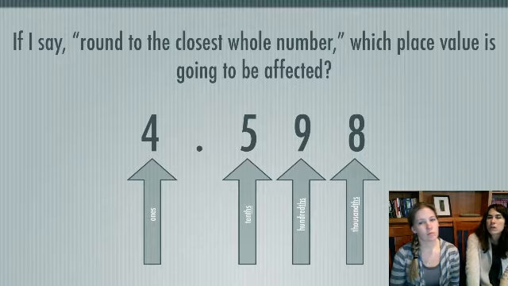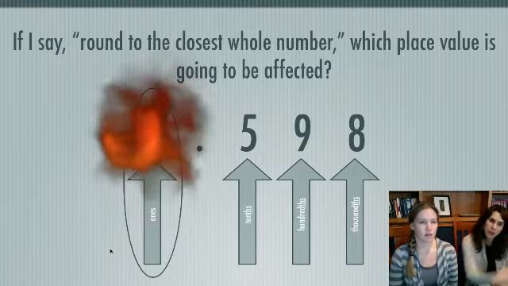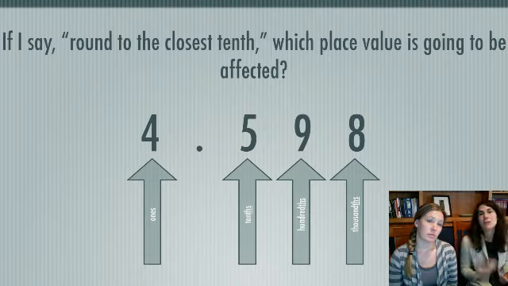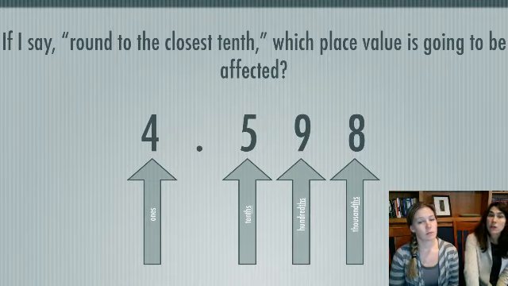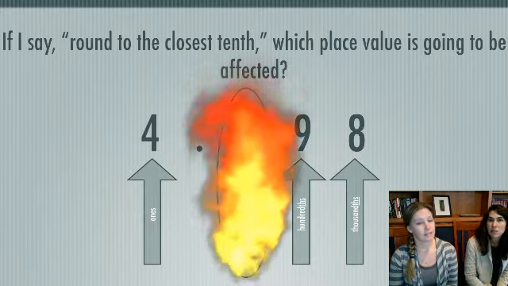And of course, hopefully you're thinking the ones, anything before the decimal. And if I say we need to round to the closest tenth, which place value is going to be affected? Well, it is going to be the tenths place value.